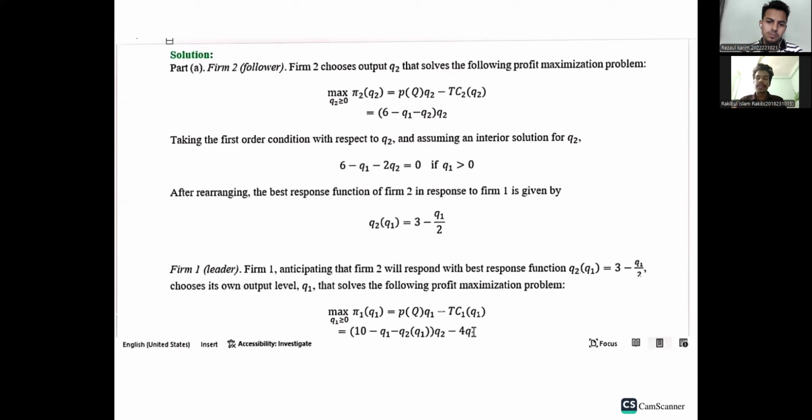The last mover, or leader, farm 1, anticipating that farm 2 will respond with the best response function, chooses its output. After farm 2's response is derived, farm 1 solves the following profit maximization problem, which is maximum pi 1 equal to P(Q) times Q1 minus total cost of Q1.